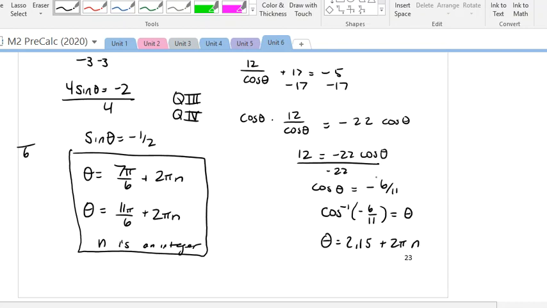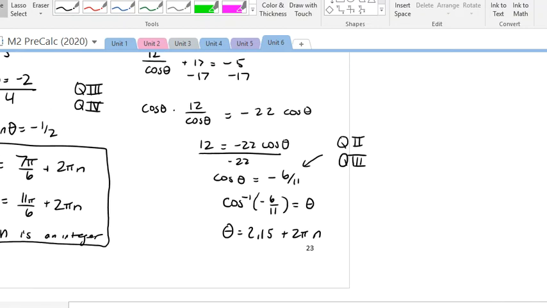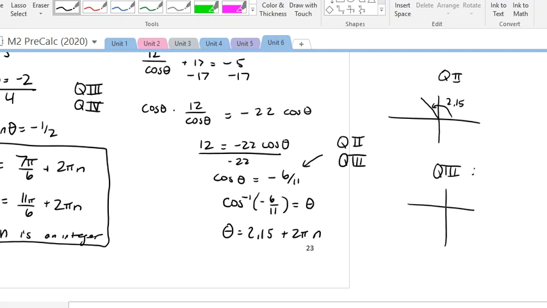Cosine being negative, that happens in quadrant 2 and in quadrant 3. So the angle that I found, 2.15, it's a little harder to visualize than the other ones, but that's around here-ish, 2.15. So there's my quadrant 2 angle. Quadrant 3 angle is going to have this 2.15, and then the piece that I want to find is over here.